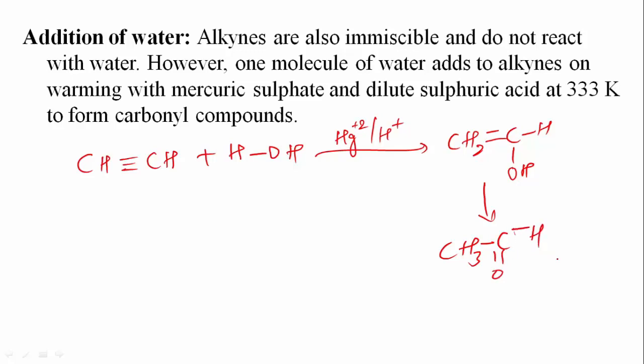The formation of an aldehyde takes place, and it is ethanal. So upon addition of water, aldehydes or carbonyl compounds will be formed. It may be an aldehyde, or in some cases a ketone will also form. So this is about the addition of water.